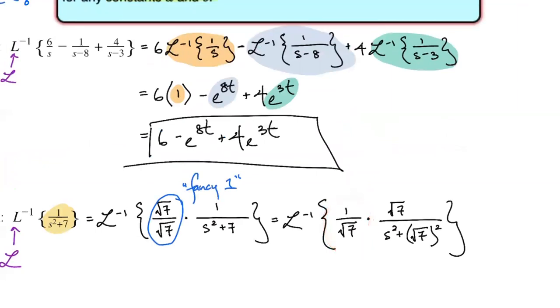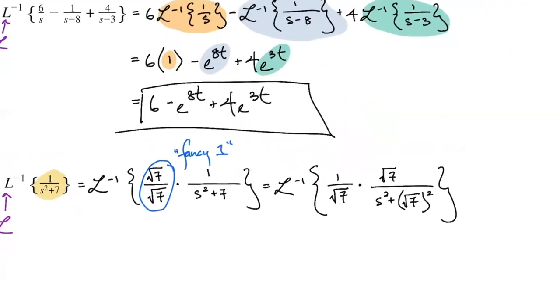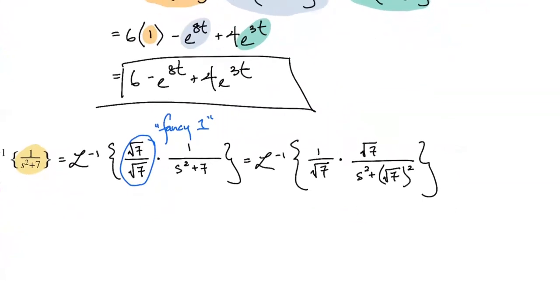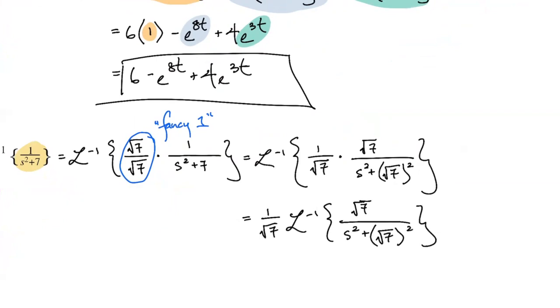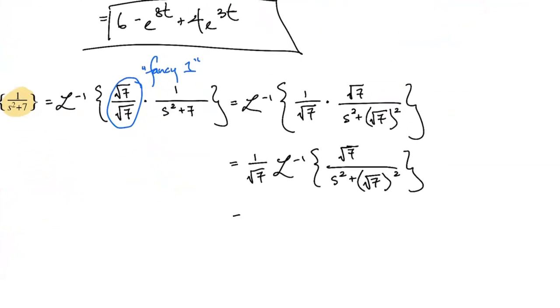I can bump that out to the front because of that constant multiple property. So what we really have here is 1 over root 7, the inverse Laplace of square root of 7 over s squared plus square root of 7 squared. Now we can use that table and say it's going to be 1 over square root of 7 times sine of square root of 7t.